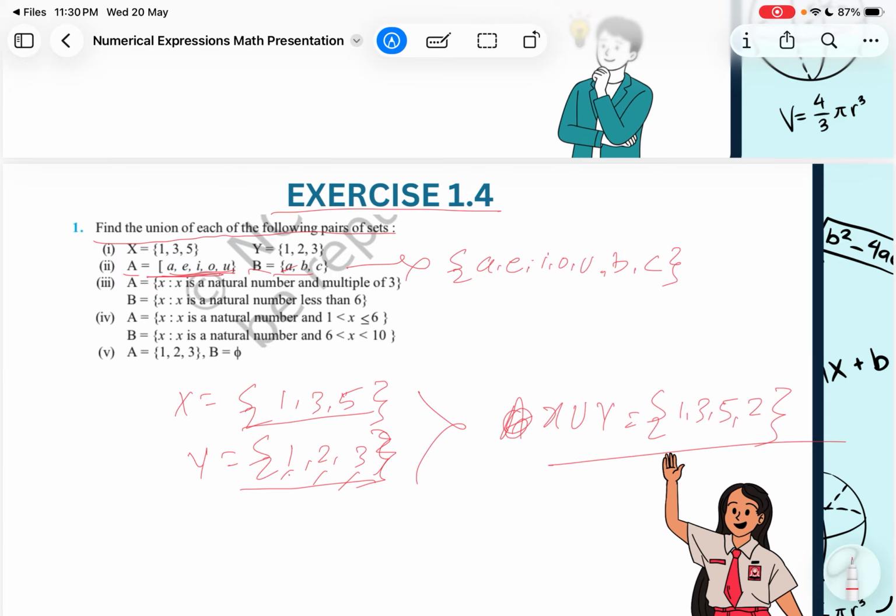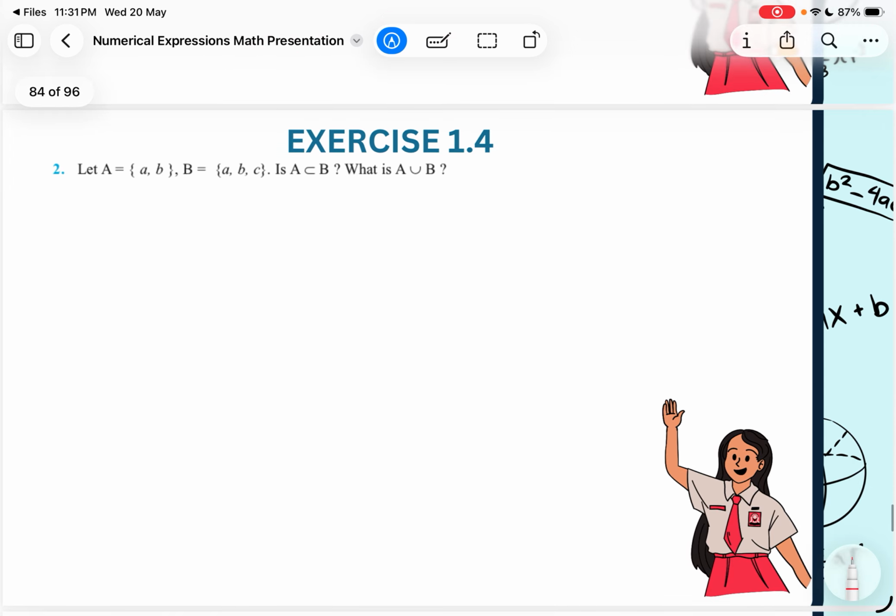Suppose in this example this one has more elements, so we write it first, and then we check whether all the elements of the second set are already written or not. If it's already written, like A, we don't write it again, and B and C are not there, so we write B and C, right? So we have to find the union like this in all 5 questions, right?